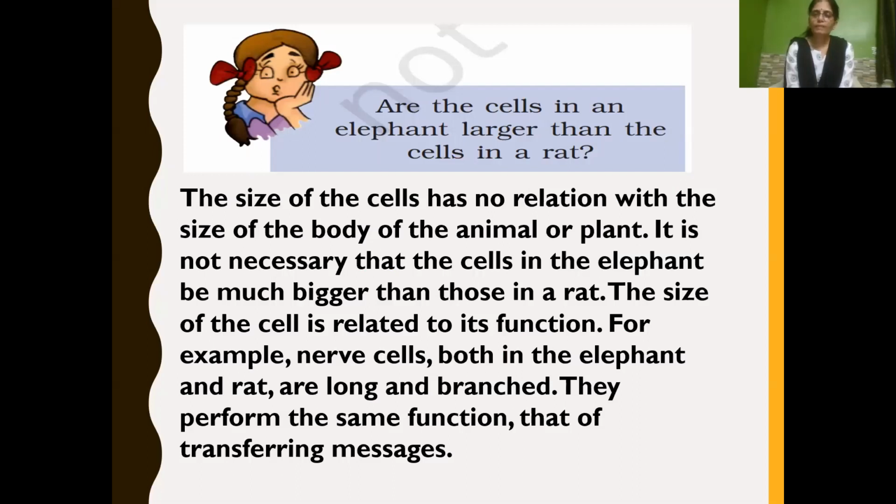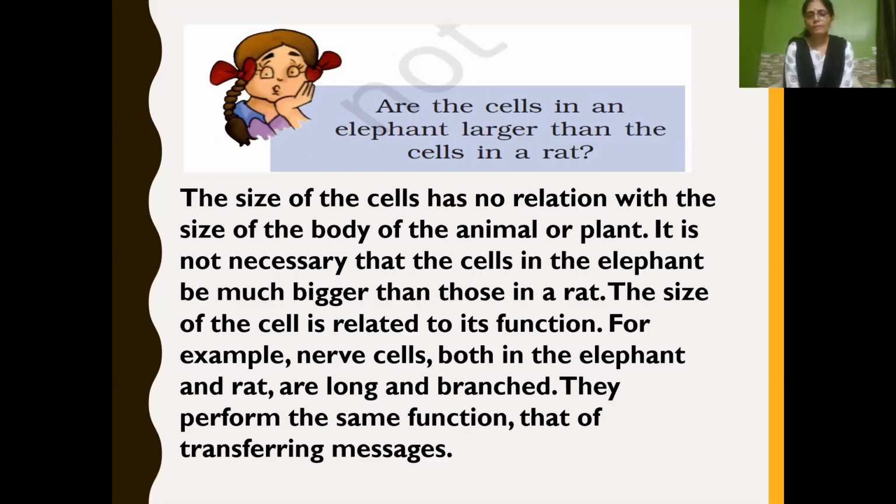If an elephant's body is huge, it doesn't mean the cells are also so big. It is not necessary that the cells in the elephant be much bigger than those in a rat. The size of the cell is related to its function. Isn't it? The size and the shape of the cell is related to its function.